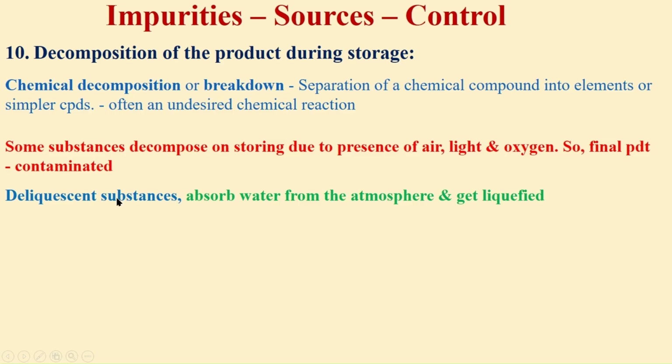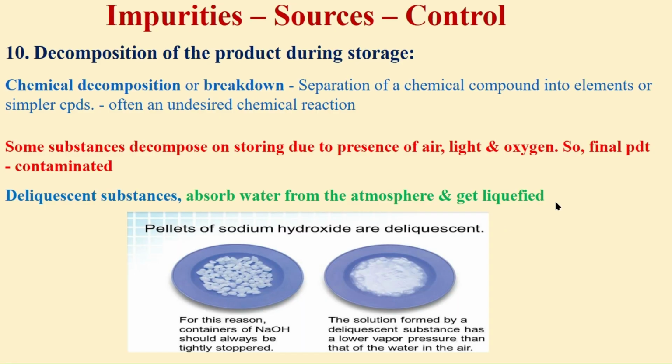Deliquescent substances absorb water from the atmosphere. The moisture present in the atmosphere is absorbed by the deliquescent substance and it gets converted into liquid. It will be liquefied. Sodium hydroxide is the best example. When we keep it open, within a few hours it gets converted into liquid.